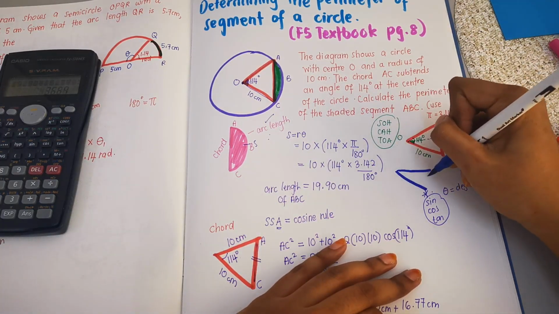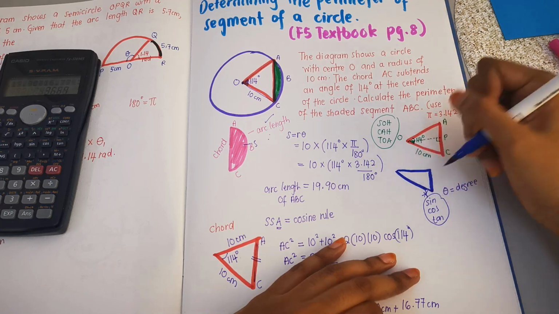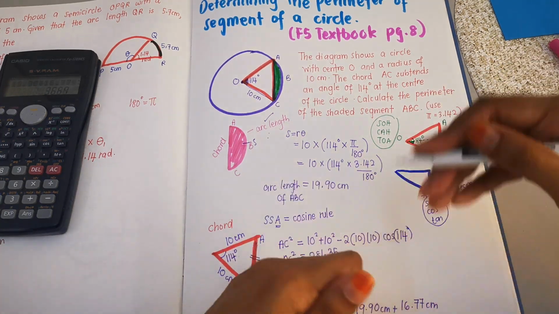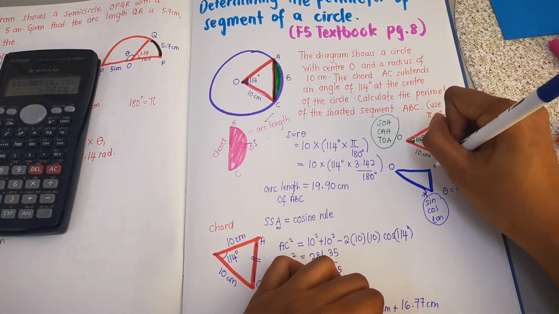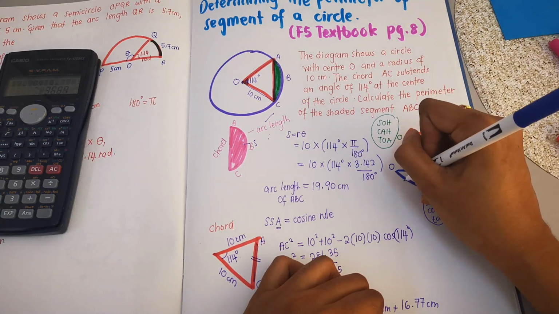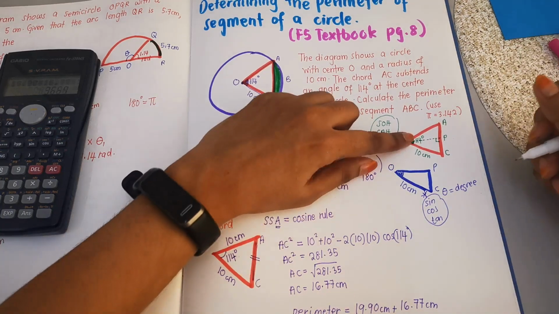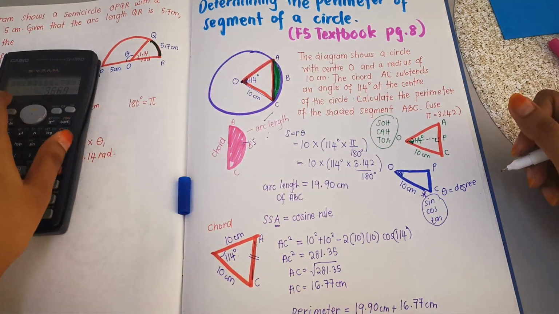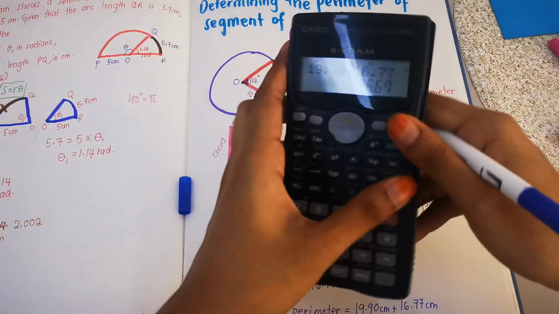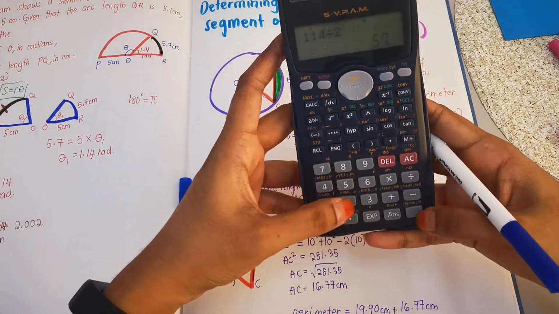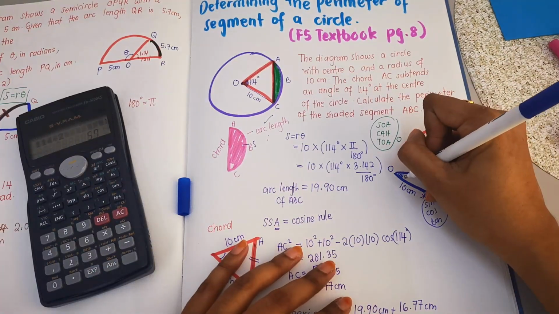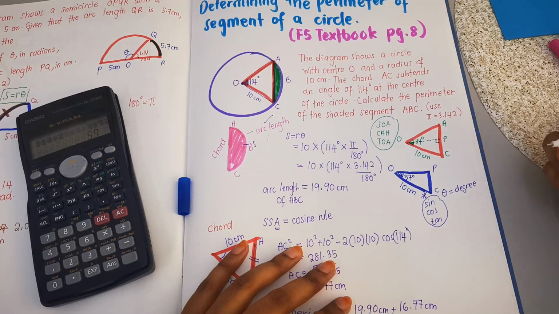This one is 90 degrees. This is your O, this is your P and C. OC is 10 cm. Here the angle becomes half of 114, which is 57 degrees.